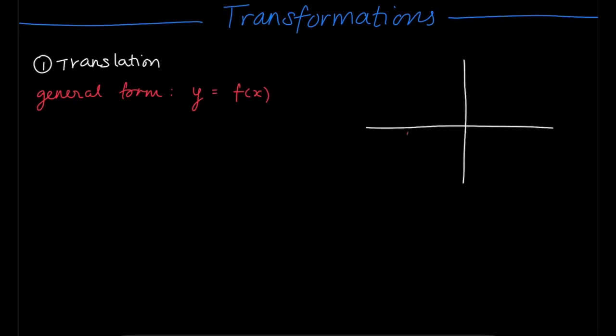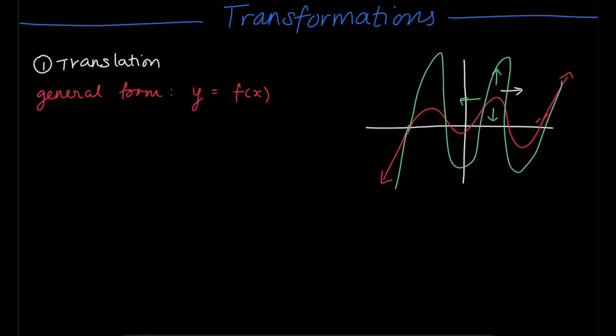So let's say we have this graph. Okay, and we want to move it. Let's say we want to move it to the right, or we want to move it downwards, or upwards, or to the left, or if we want to stretch it, as in make it like that, then what we have to use are these transformations, right?